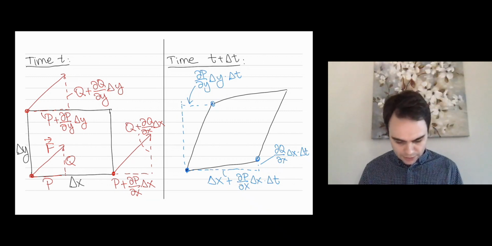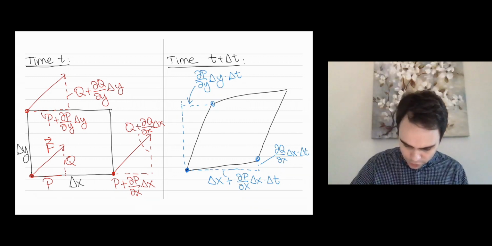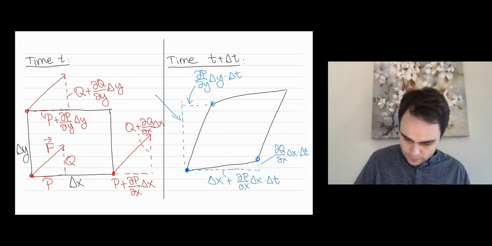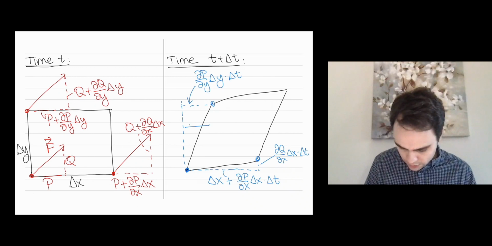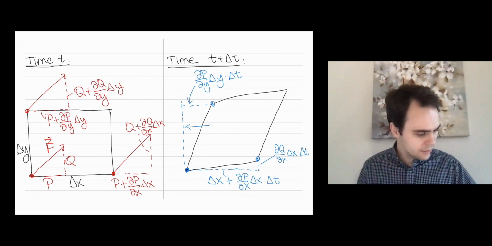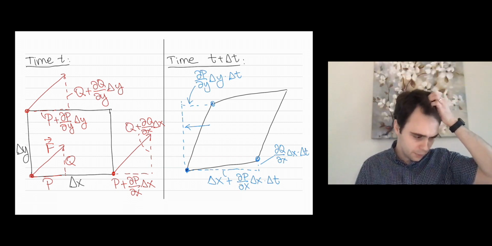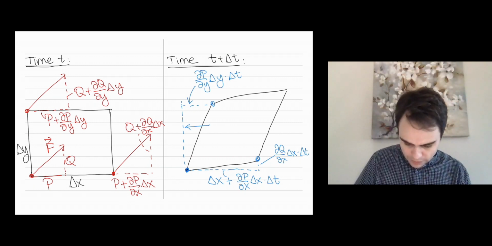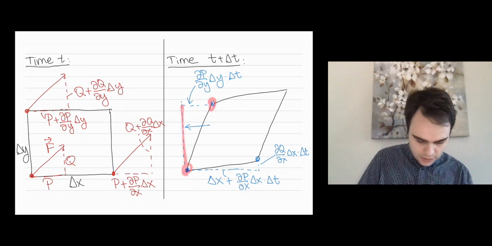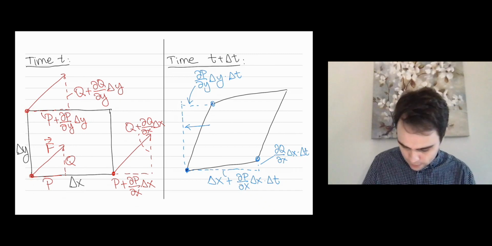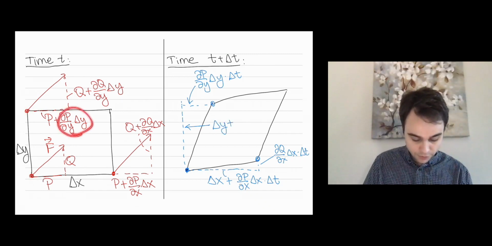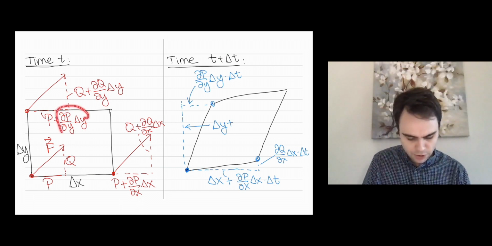Now finally, to complete our picture, let's look at this side over here. I'll abuse my picture a little bit. The new difference in the y coordinates of these two points used to be delta y, and now it's no longer delta y because of the difference in the velocities.